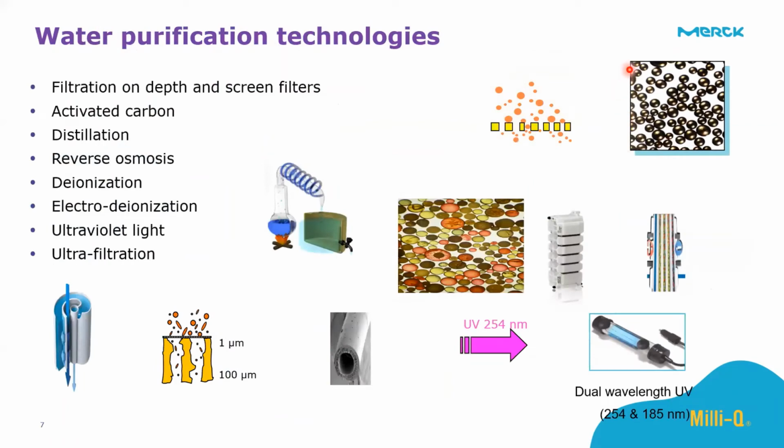So to remove those contaminants, there are quite a number of purification technologies available. Examples of those have been given here. We have distillation. Distillation is actually one of the oldest purification technologies around, the very first one.